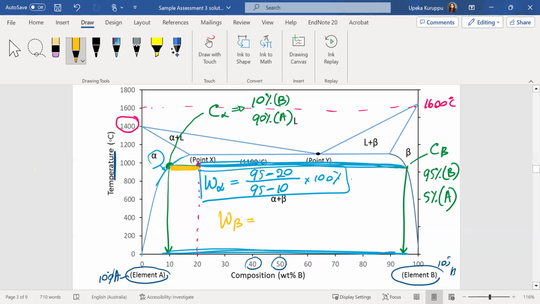This distance, am I right? This is 20 minus 10, divided by the whole distance, which is 95 minus 10, times 100%. So can you find me these two numbers, please?